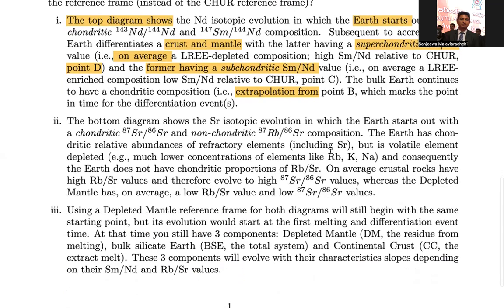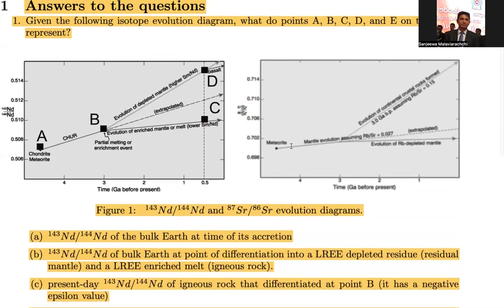The Earth has chondritic relative abundance of refractory elements, including strontium. Okay, first let's see the diagram. It says a meteorite. It says just a meteorite, but you are not given it as chondrite. Here you are given it as chondrite meteorite. But this is just a meteorite. We don't know whether it is chondrite or not.